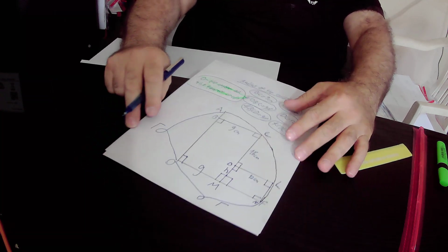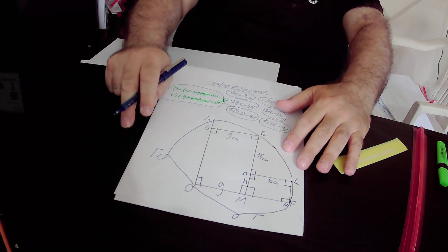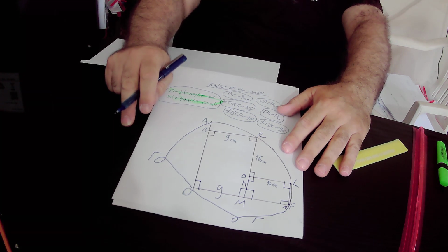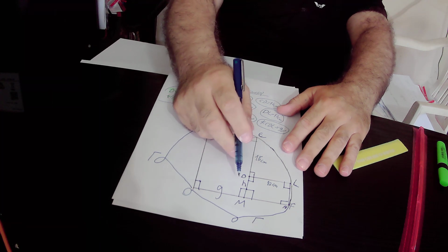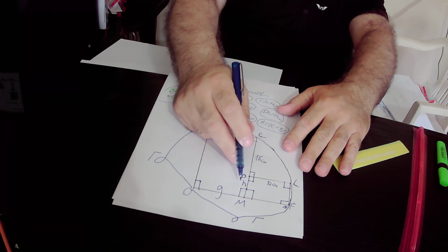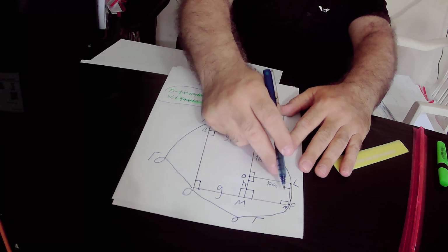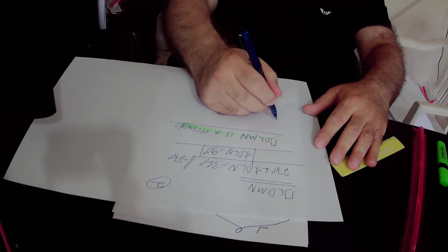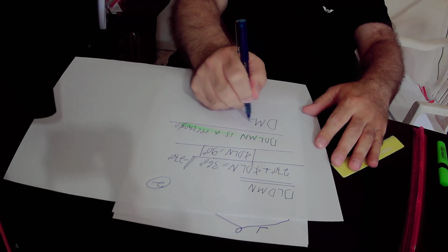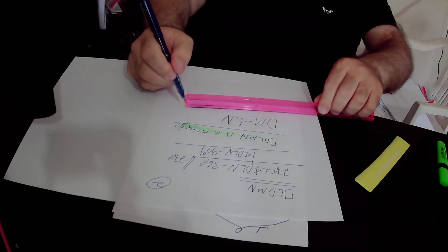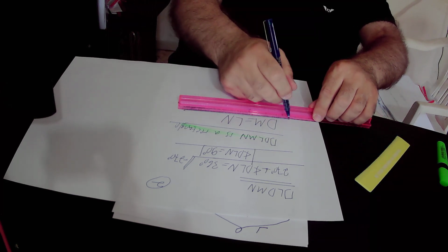So according to the rule that the opposite sides of a rectangle are equal to each other, we get that side DM of rectangle DLMN equals side LN. DM equals LN according to the rule.